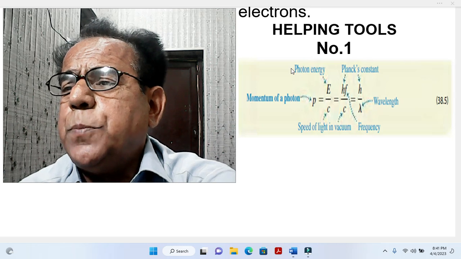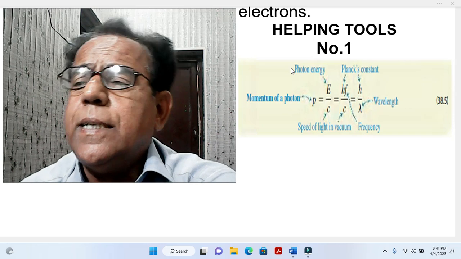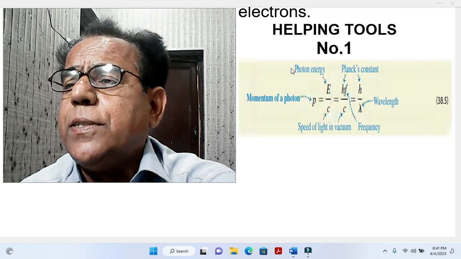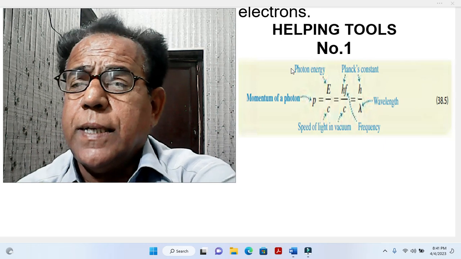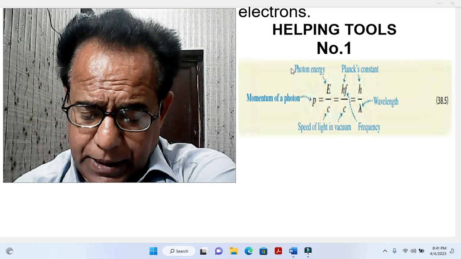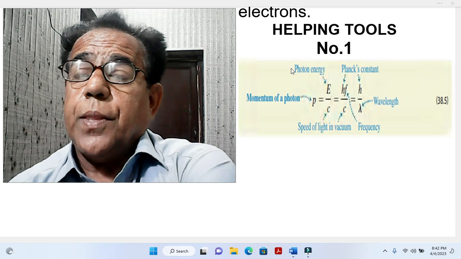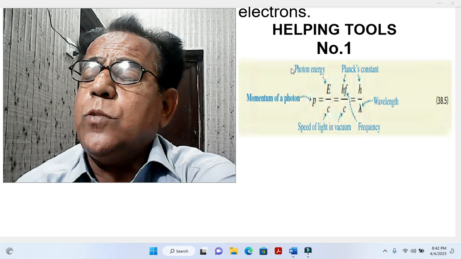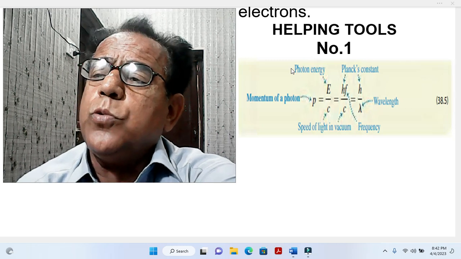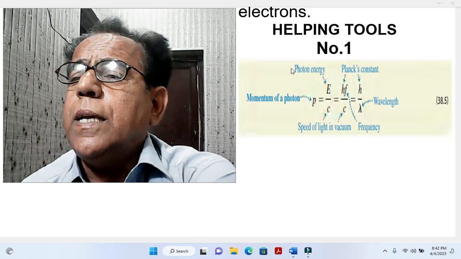In the third stage it becomes equal to h divided by lambda, that is wavelength. We know that frequency and wavelength are inversely connected with each other with the involvement of c, speed of light. Frequency f is equal to c over lambda and lambda is equal to c over f.